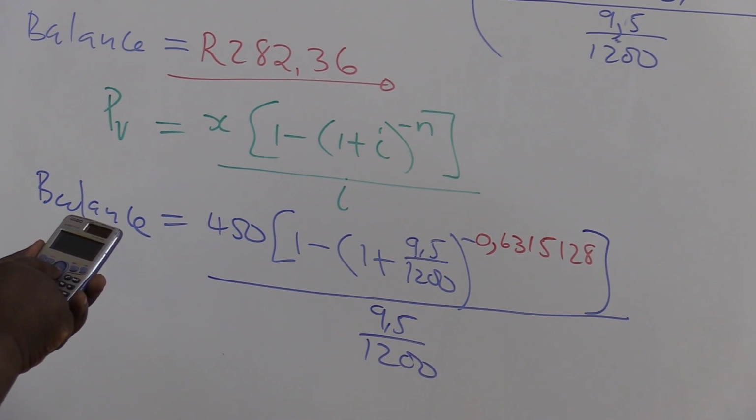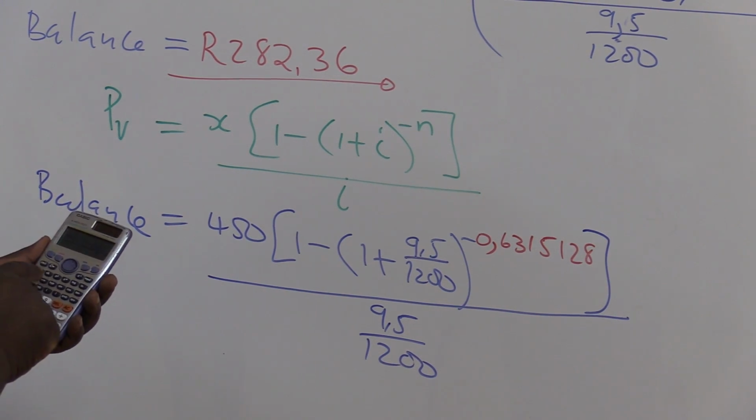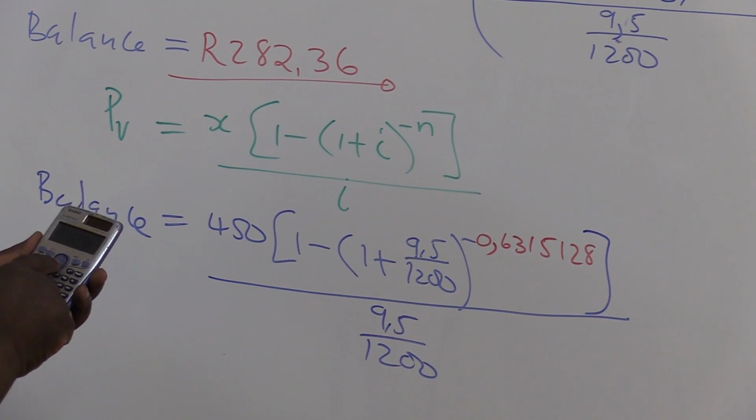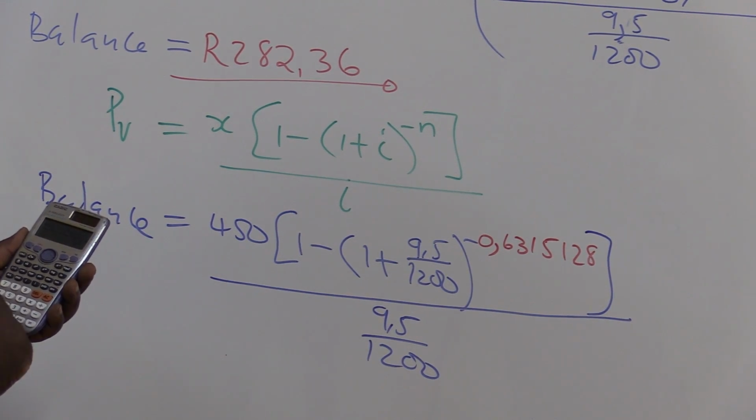I go to my denominator now. My denominator is also a fraction, so it's going to be 9.5 over 1200.